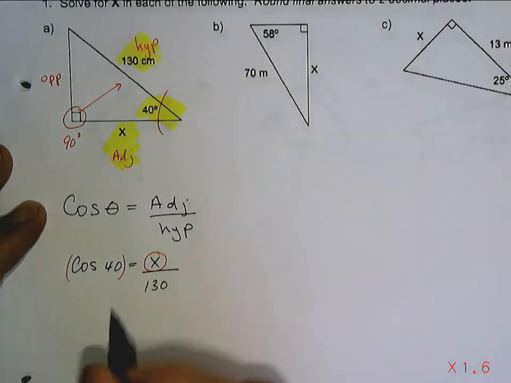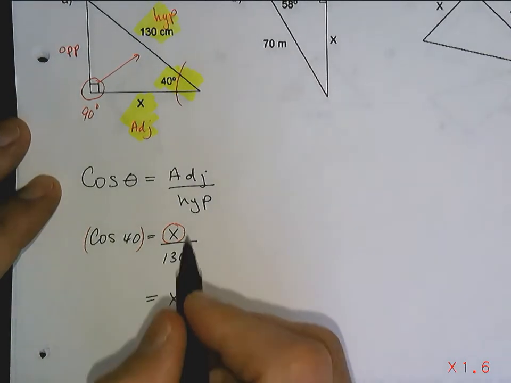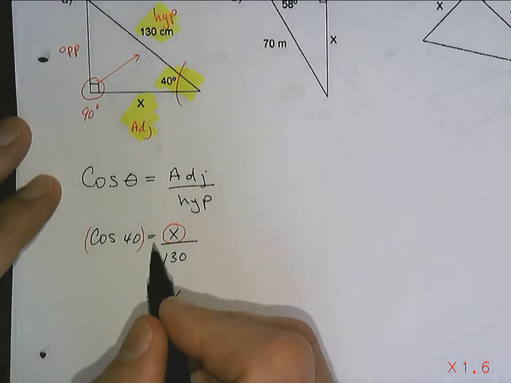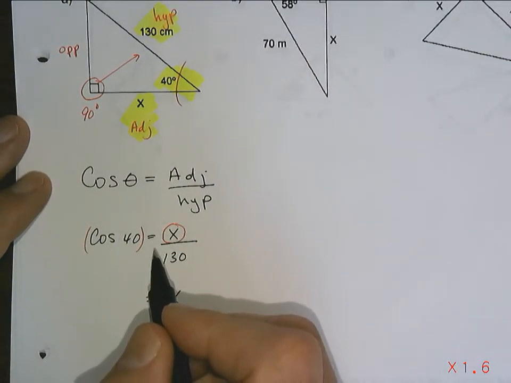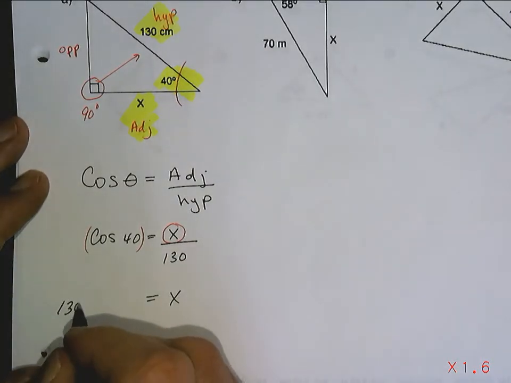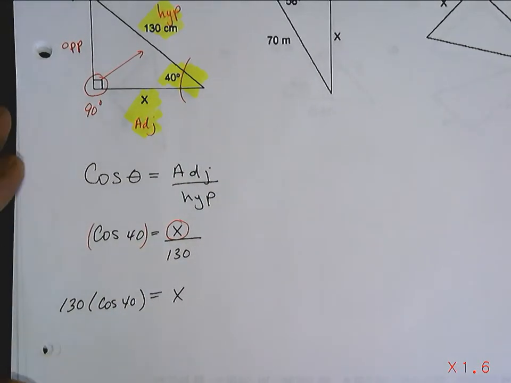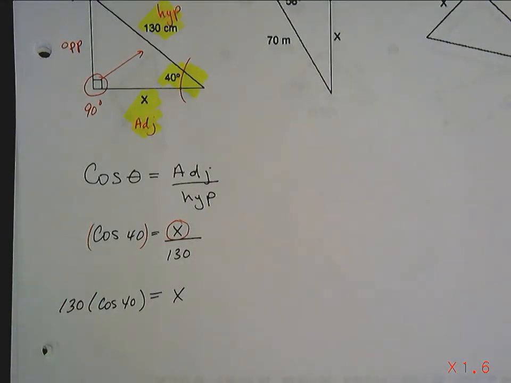It's the opposite operation. So if I multiply this side by 130, I get rid of the division by 130. Well, that's cool. Which leaves me with just x. But if I'm going to multiply this side by 130, to keep the equality, I have to do the same thing to the other side. So I have to multiply the cos 40 by 130. Now, does that make sense to everyone? Now, I'm going to write something that you don't have to write, but I want you to see it at least once.